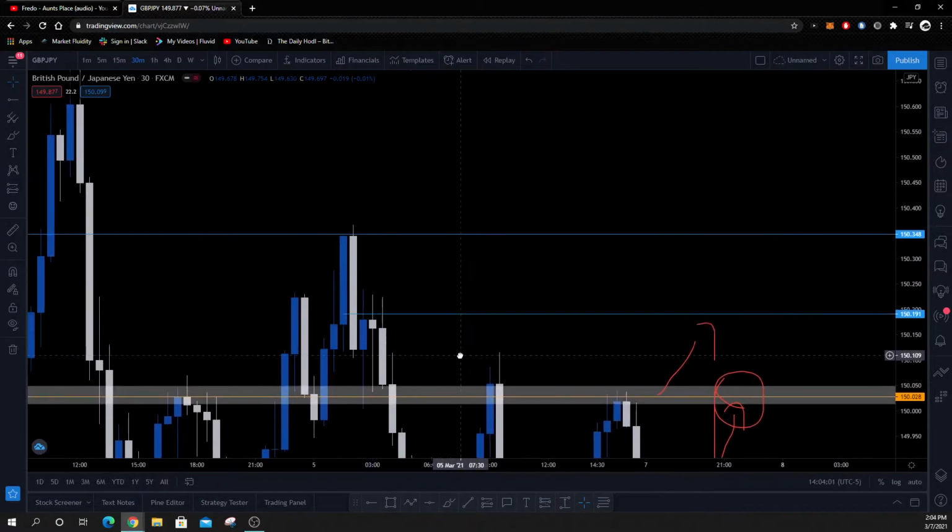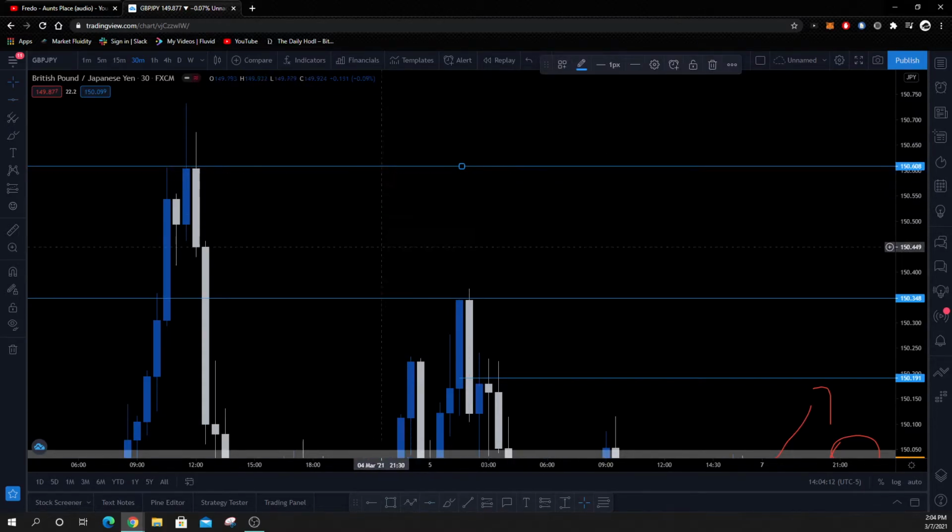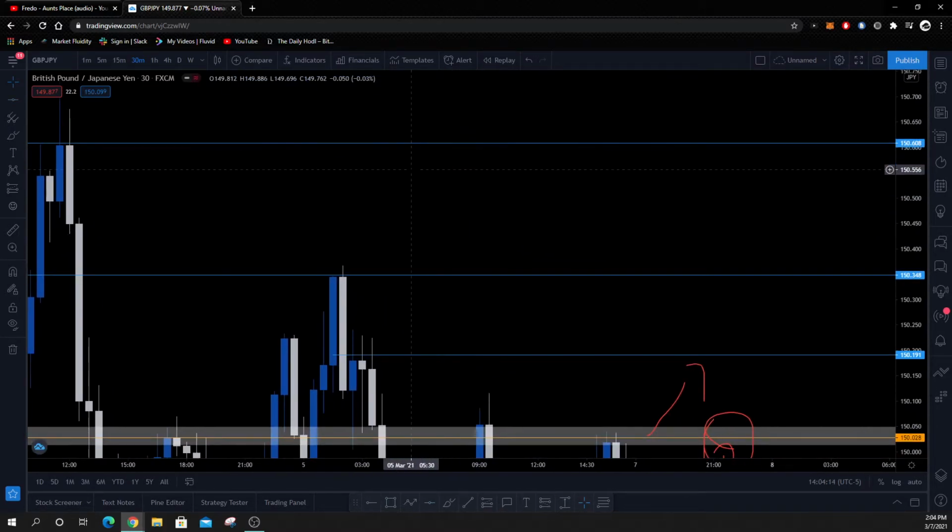The second target is going to be at 150.350. And then if we manage to get these levels, we should definitely keep moving and retest 150.600 as our full TP. So these are the plays that we could potentially have for buys.